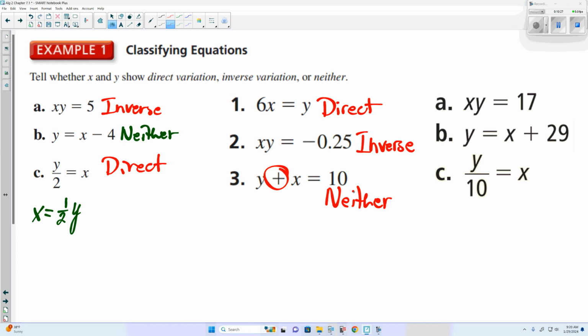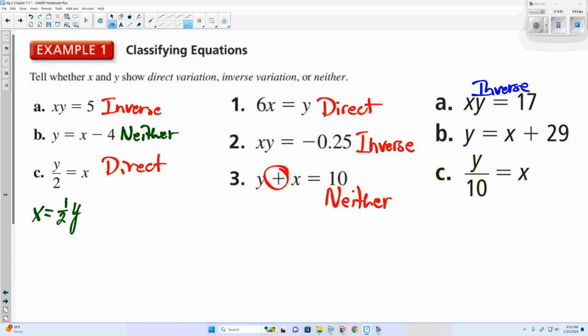Now y'all have a little more space to the right for the last set of 3. I'm gonna write over the top of them because as y'all can see, I've run completely out of room for those 3. But we can still do these here. Because if we look at A, x times y equals 17 would be inverse.